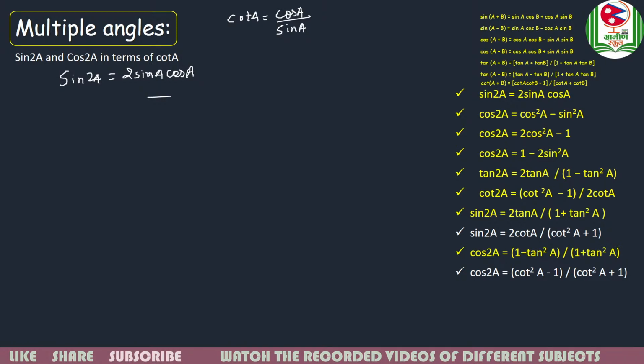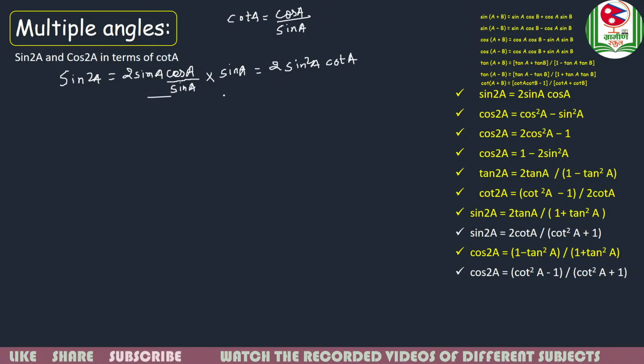Now if we divide this cos A by sin A, then only it is going to be cot. And again, to balance the equation, we will multiply by sin A. So this can be written as 2 sin square A into cos A upon sin A, that is how much? Cot A.